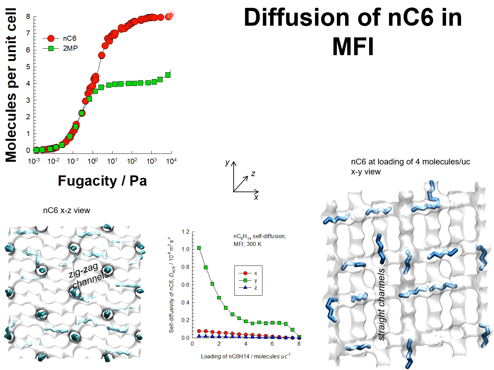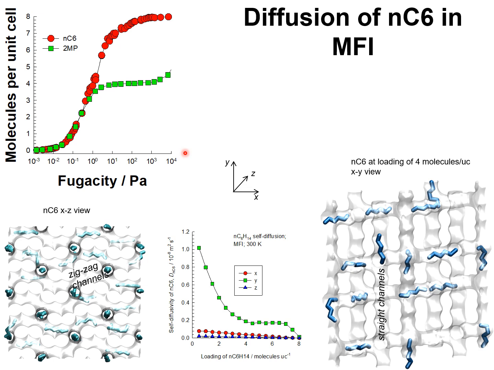The saturation loading for normal hexane is 8 molecules per unit cell, and that explains why the diffusivity reaches a near zero value at a loading of 8 molecules per unit cell, because the channels are fully occupied and the mobility of the NC6 molecules is reduced to practically zero.